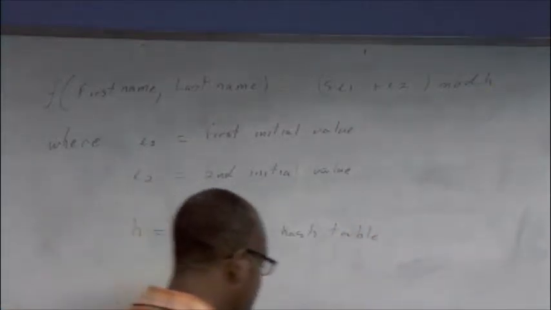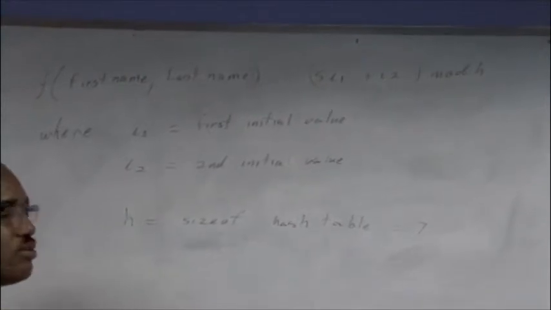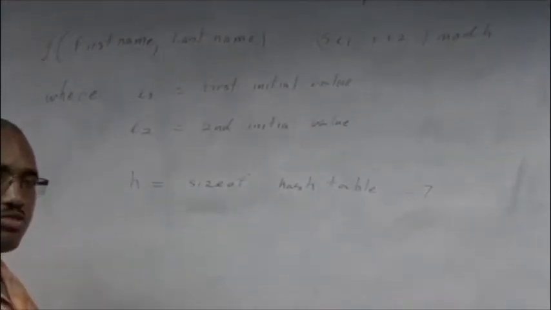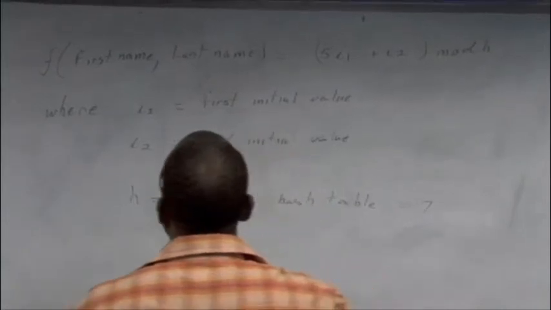In this case, we're told that H was 7. Now, the question also specified that the initial values were based on the positions of the letters from the start of the alphabet. So A is 1, B is 2, etc. Alright, so if we have that, we're now going to put some data into the array.